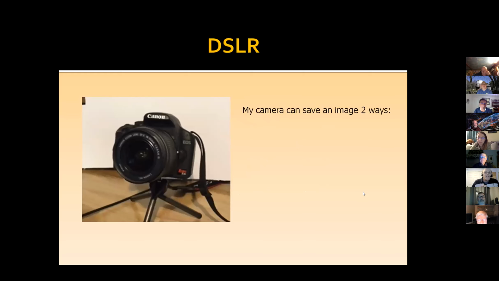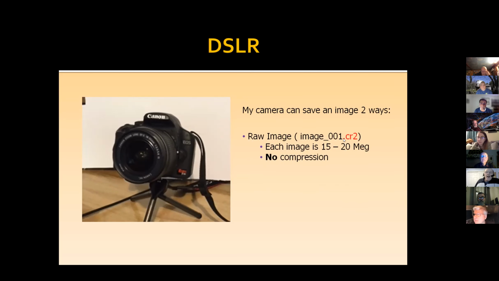With my digital single lens reflex, I can save images in two ways. The first way is called a raw image. Every image has a file name and an extension, CR2, and each image is between 15 and 20 megabytes. The important point about a raw image is there's no compression.